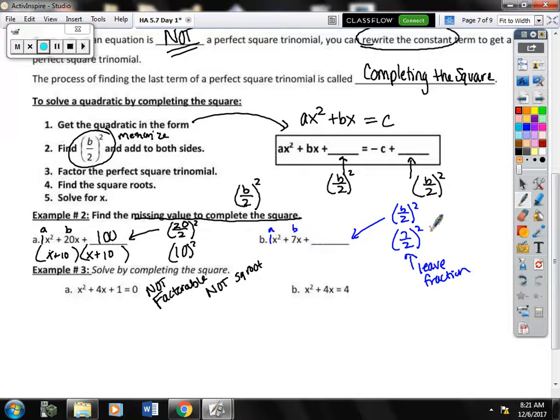So this would be 7 squared over 2 squared, which is 49 over 4. You'll want to leave them as fractions, even though I know most of you don't like fractions. You will in this unit, because when you go to factor this, it's actually going to be whatever it was before you squared it that goes back in your equation. So this would be x plus 7/2 squared. So we kind of want to show the work for it, even if you're a mental math person.